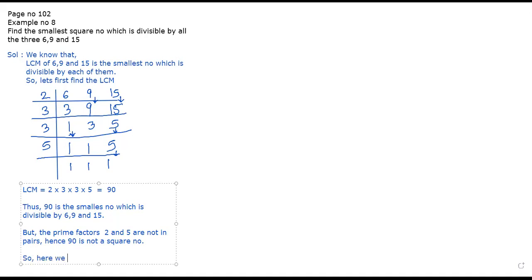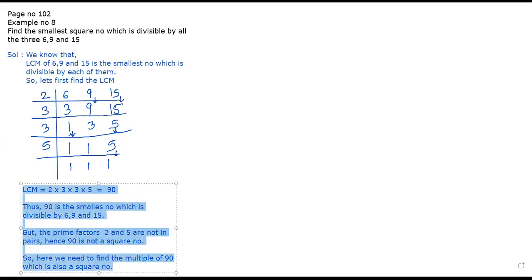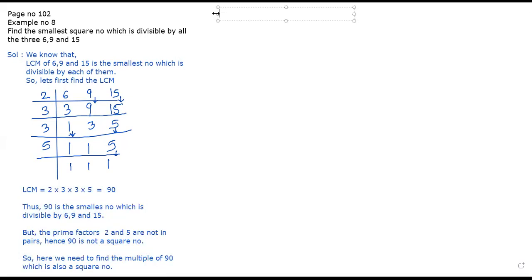So here we need to find the multiple of 90 which is also a square number, right? Yes, sir. For that purpose, by what do we need to multiply? 2 and 5 are unpaired. 2 and 5.